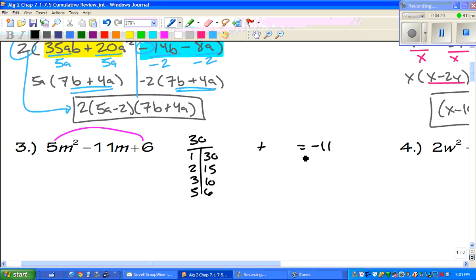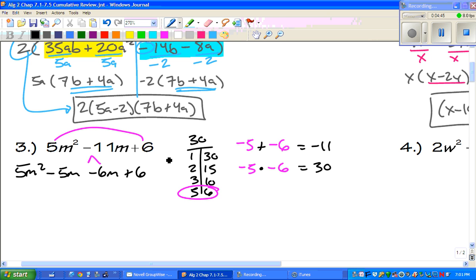So out of those, which ones add up to negative 11, but multiply to get to positive 30? Okay? It's negative 5 and negative 6. We split the middle term. You get 5m squared, minus 5m minus 6m plus 6.